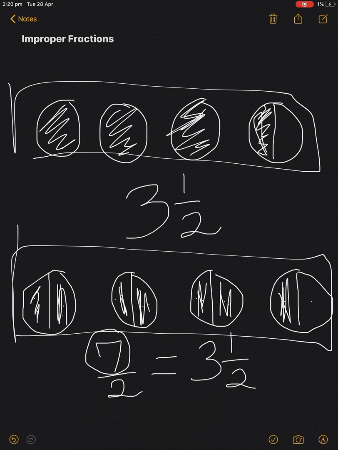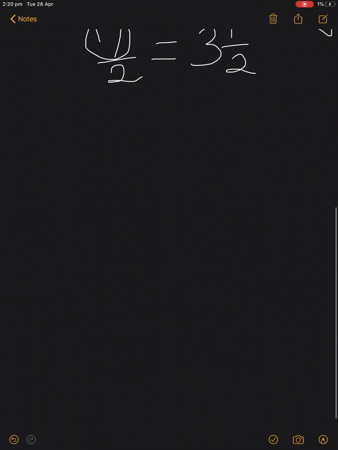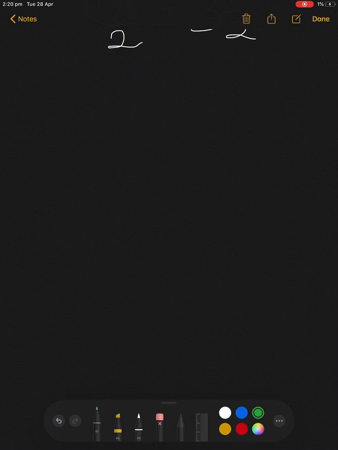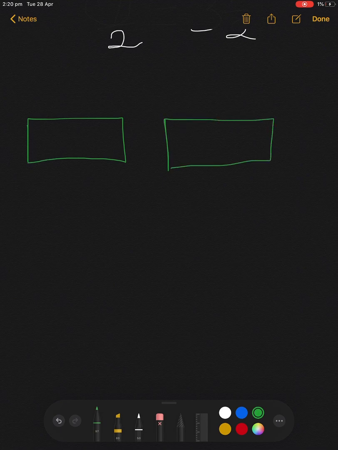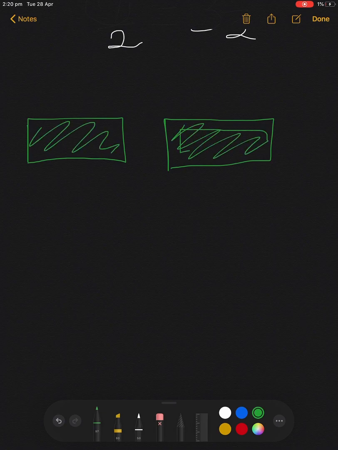Let me show you another example. Okay, let's say I have 2 whole candy bars. And each of these candy bars is going to be divided into 4 equal pieces.